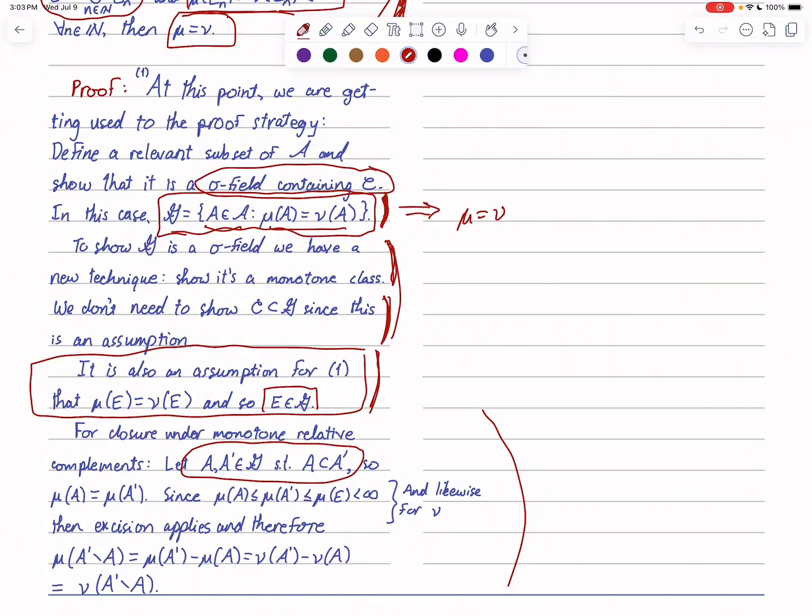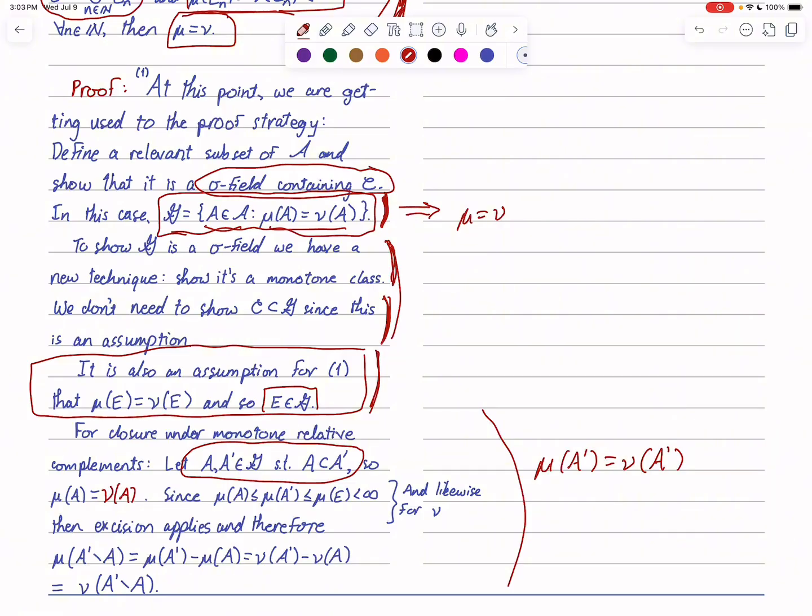Because we know that A and A prime are both in G, then that means that, and I wrote this completely wrongly, don't know how I made that mistake, we must have that mu and nu both agree on A and also on A prime. That's what we get from knowing that A and A prime are both in G.